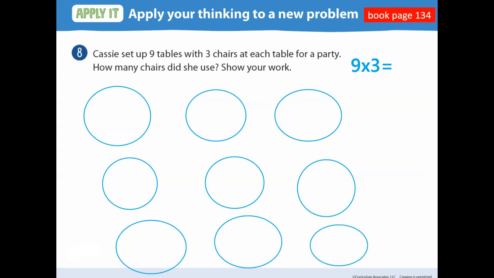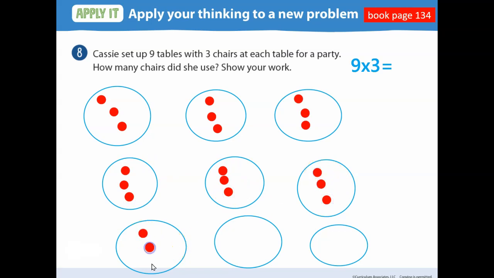I could have done this. And then with how many in each group? 3 chairs, the problem says. I could have done this. And then just count all the dots, right? Which would be what? 24? 27.